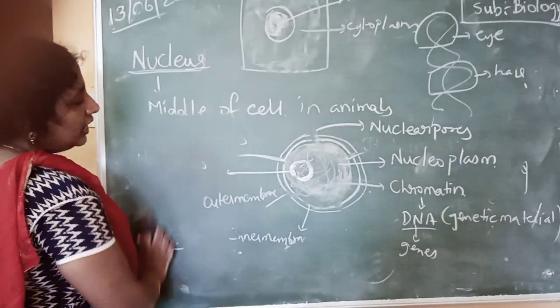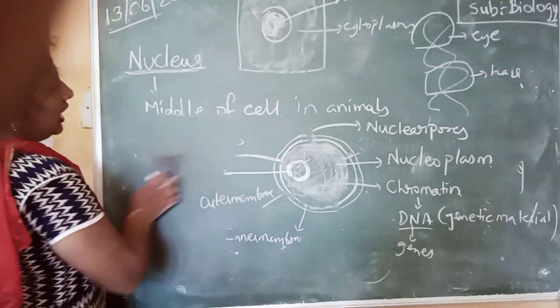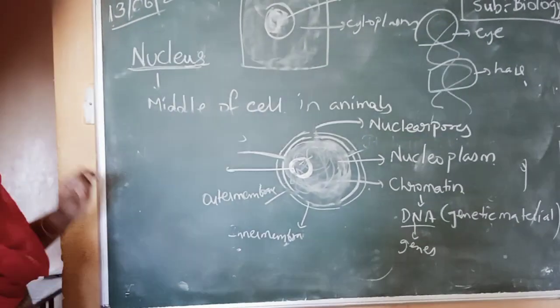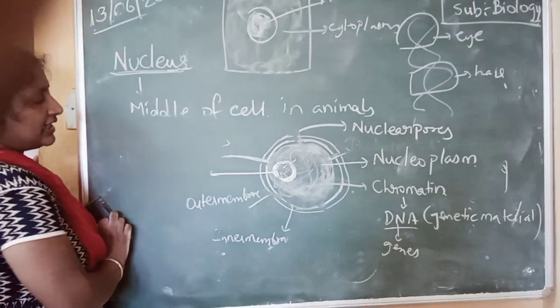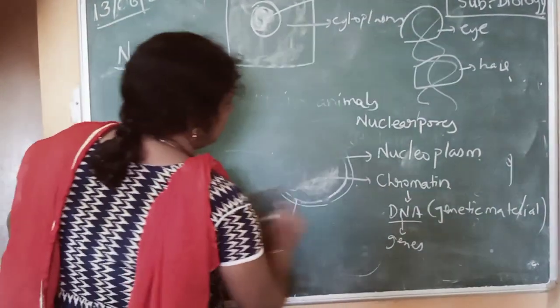Next, depending on the presence and absence of the nucleus, organisms are divided into two types.